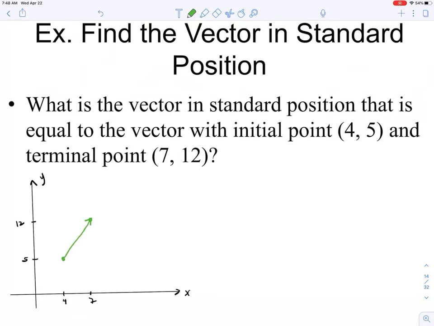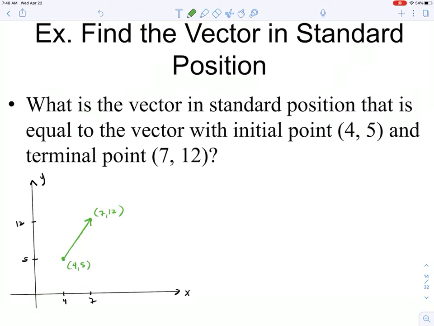Okay, so that initial point and then the terminal point. Here's the point 4, 5, and then here would be the point 7, 12.